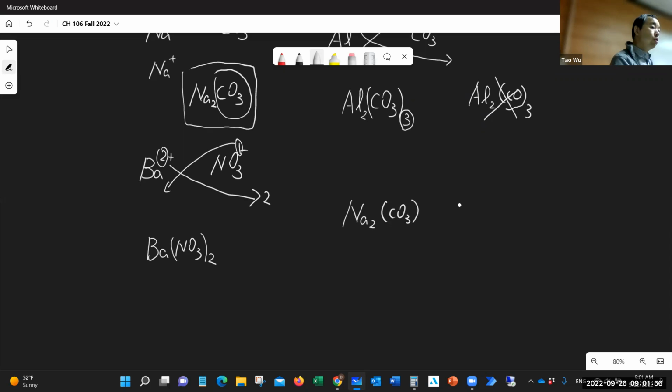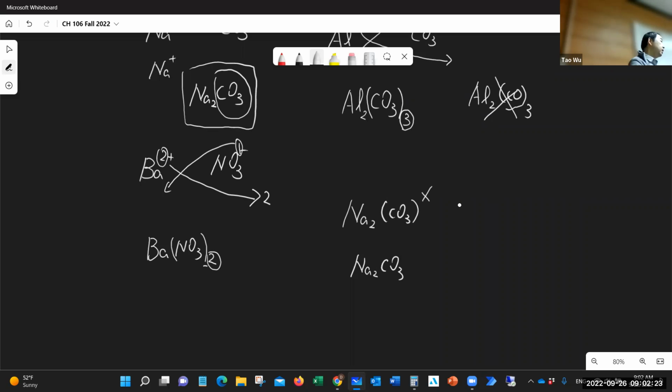Well, in this case, you don't have to. If there's only one polyatomic ion, you don't have to write the parenthesis. The purpose of the parenthesis is to separate the number from the number inside. Otherwise, that's going to be pretty complicated.